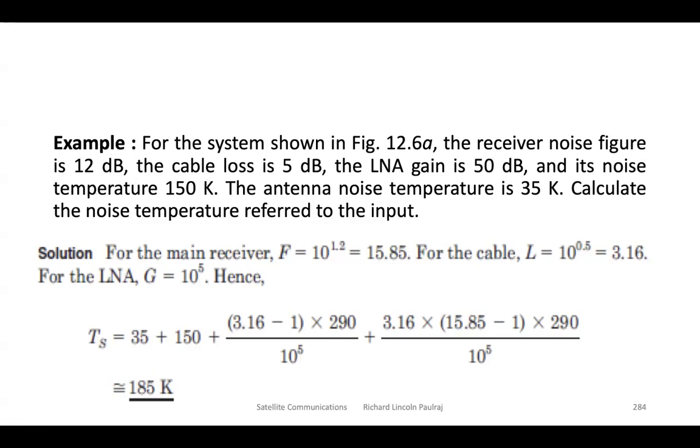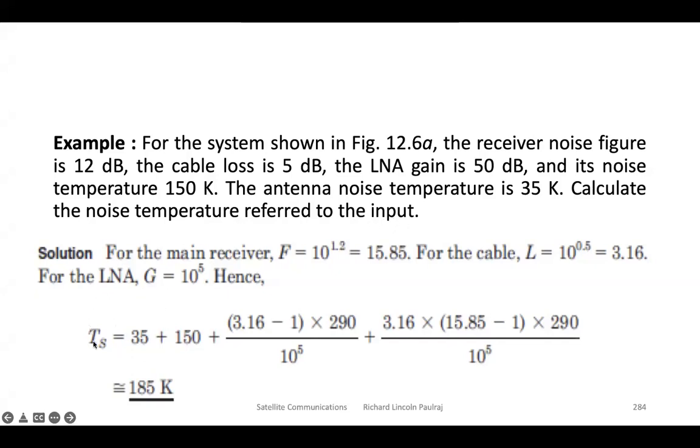The receiver noise figure is about 12 dB, the cable loss is about 5 dB, and the low noise amplifier gain is 50 dB, so you can take it as G, and the noise temperature, Tn, is 150 Kelvin. The antenna noise temperature, T ant, is 35 Kelvin. Here your motive is to calculate the noise temperature, referred to the input.